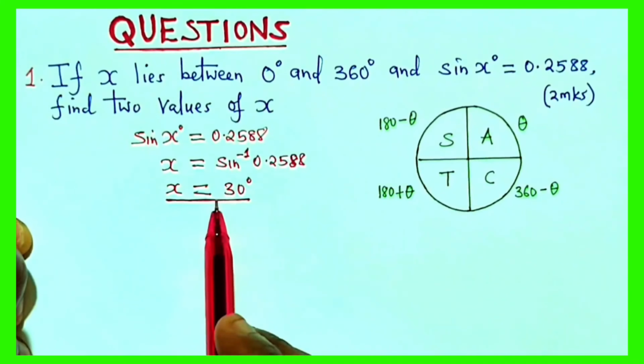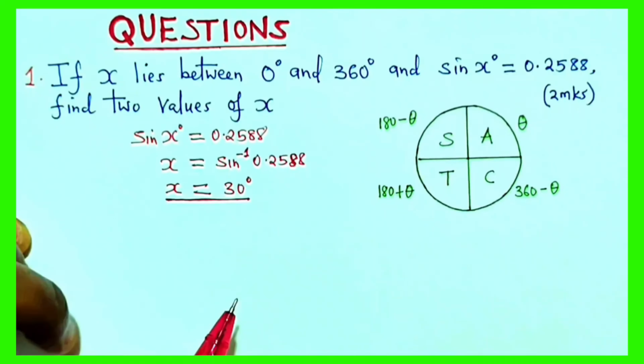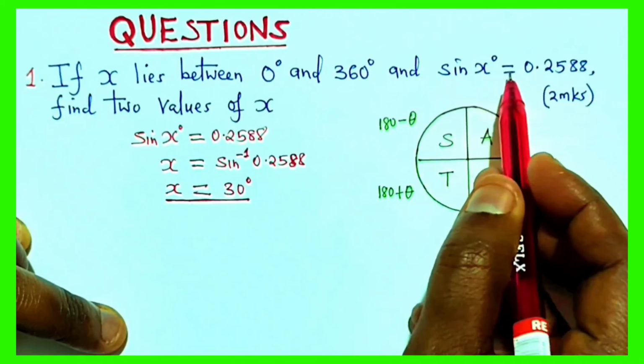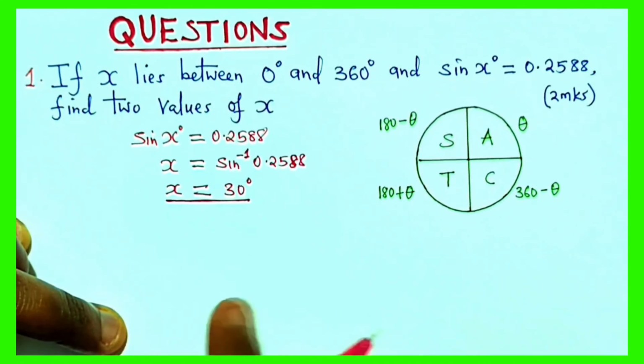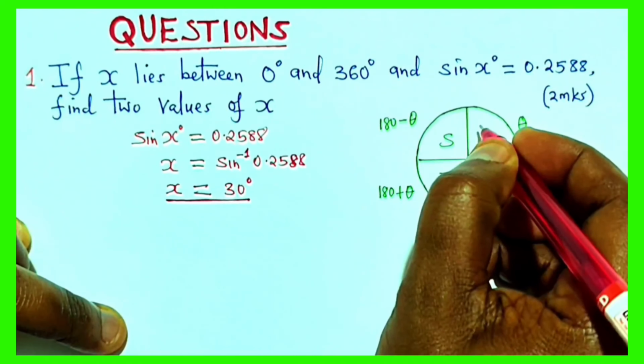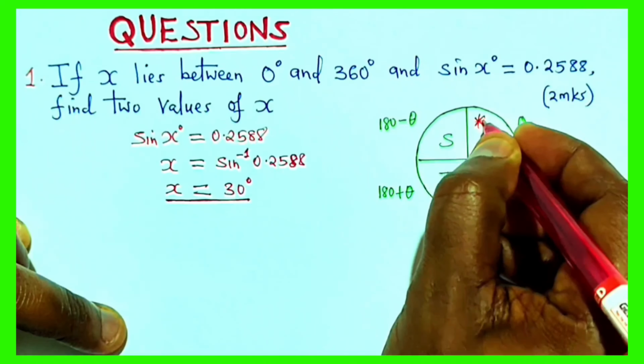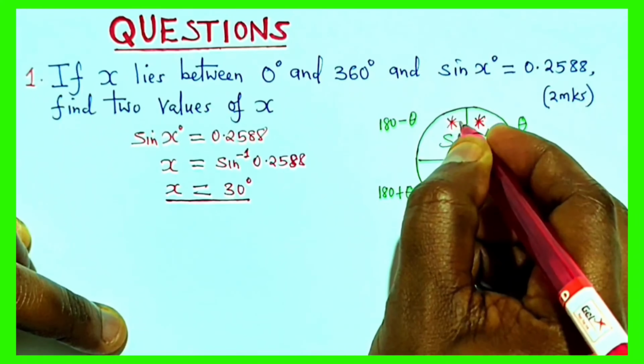The next step is to consider this angle on the unit circle. We know that the sine of x was positive, so according to the quadrants, x will be positive in the first quadrant and also in the second quadrant.